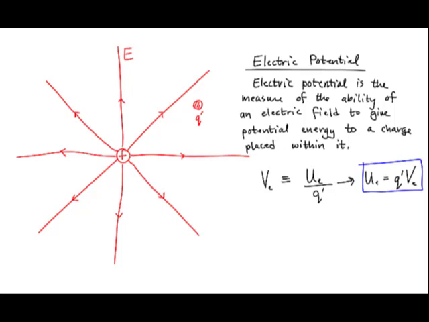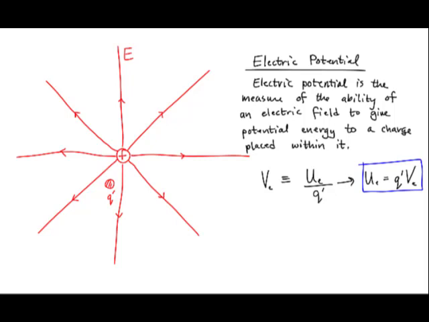So where this charge is in the electric field, for example, if we move this charge to another location in the electric field, it may have a different value of electric potential energy. And that value is based off of the electric field's potential for giving that charge Q prime potential energy.